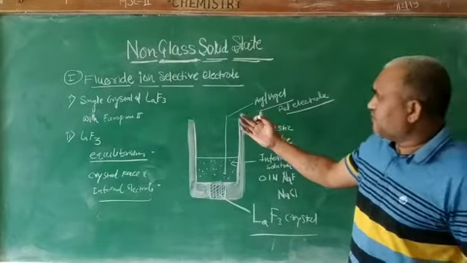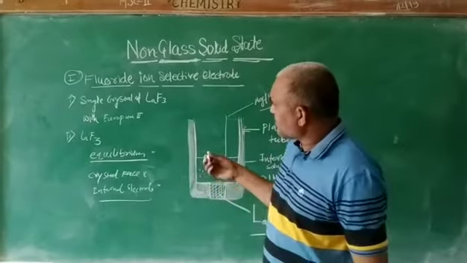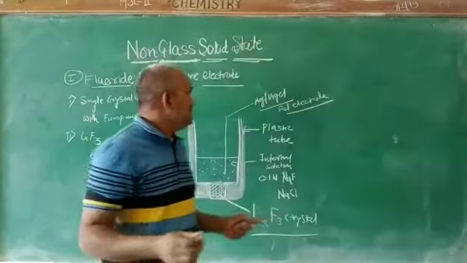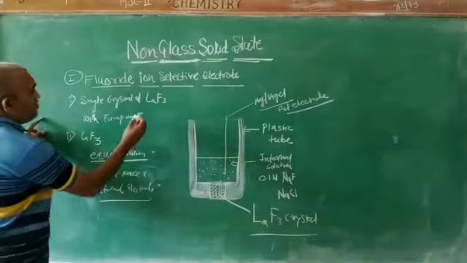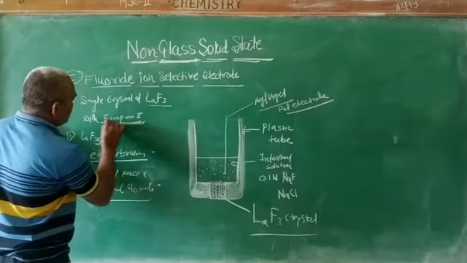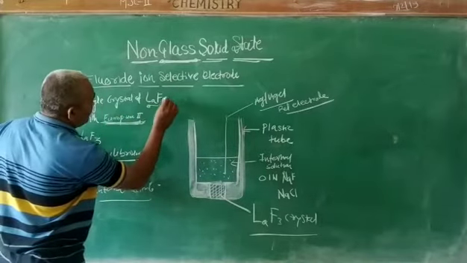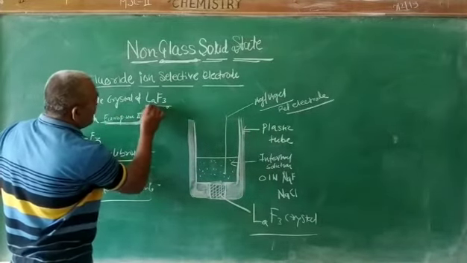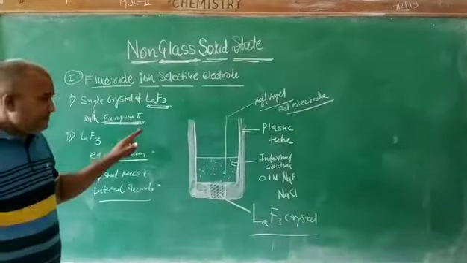Here, the fluoride ion selective electrode uses single crystals of LaF3 with europium-2. For the replacement of glass, we use the crystals of LaF3.